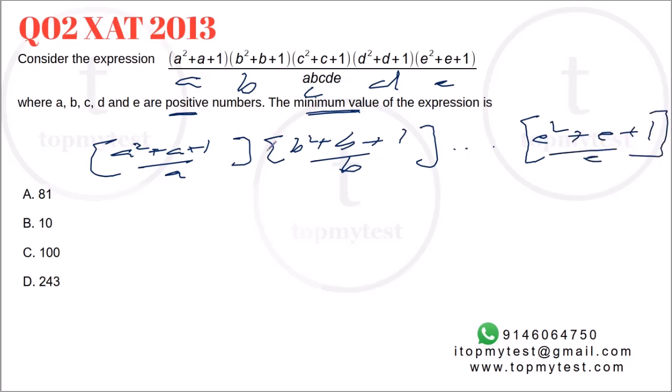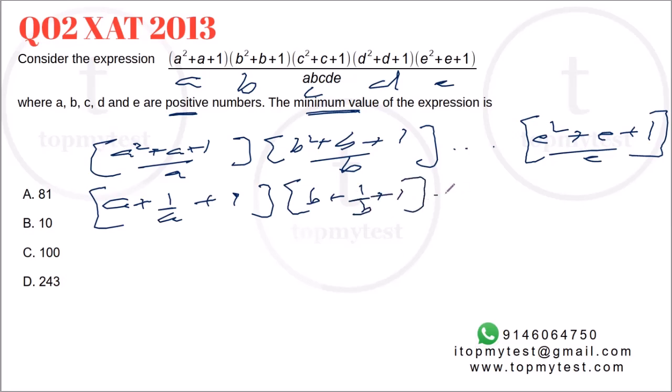The entire product, I need to minimize this. How will I minimize? If you rewrite this, this will be (a + 1/a + 1) into (b + 1/b + 1) into, this is a product, (e + 1/e + 1). Now I need to minimize this entire expression, right?